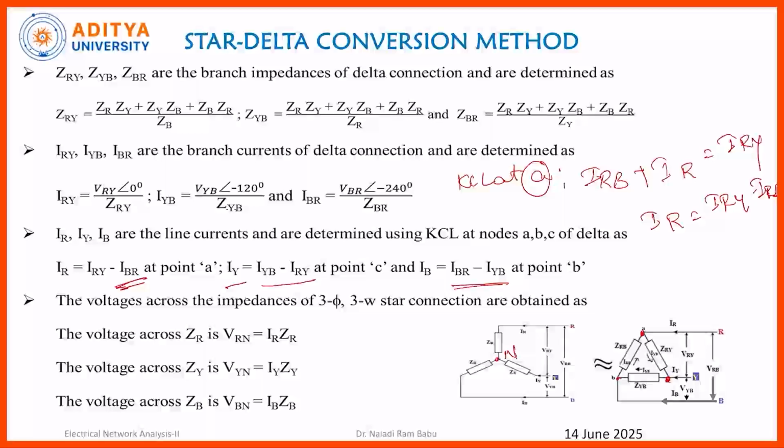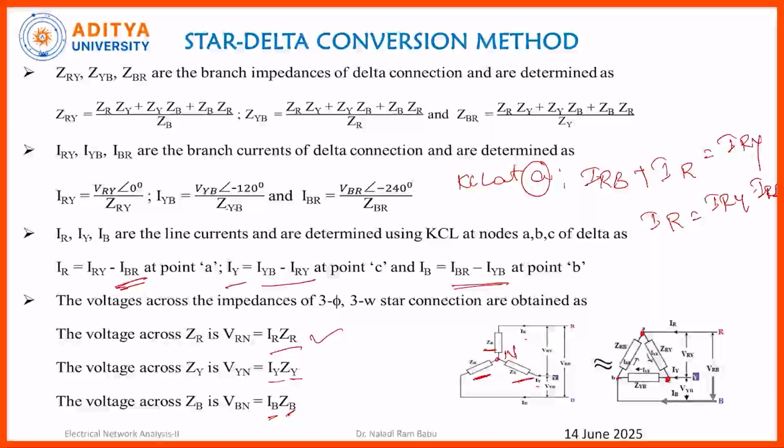Therefore VRN is equal to current IR and impedance ZR. Similarly, the voltage across ZY is the current flowing through it, IY, into the impedance ZY. In a similar fashion, the voltage across phase B is ZB times the current flowing through it, IB.